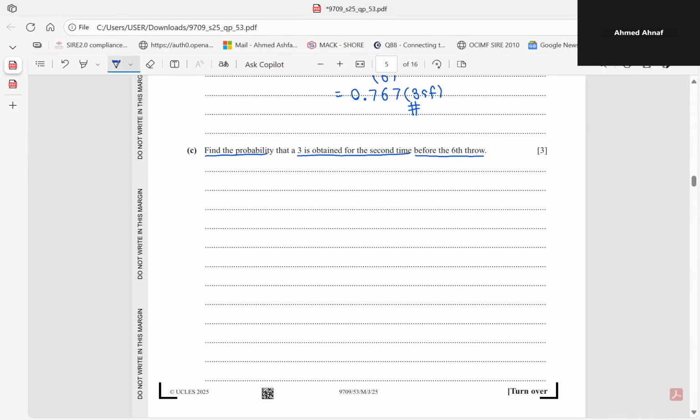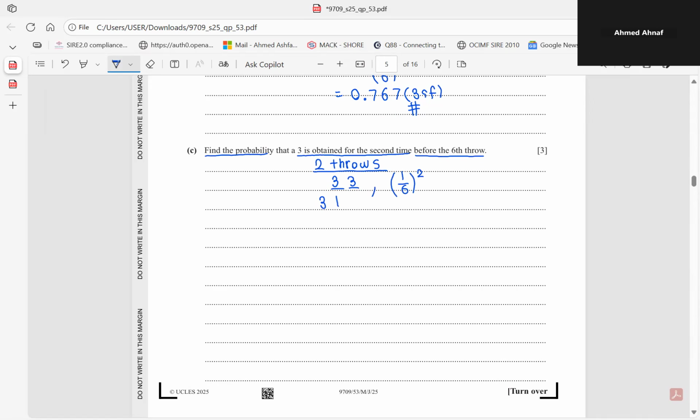So let's consider the case where you just do 2 throws first. To get 3 for the second time within 2 throws, your first throw should obtain a 3 as well as the second throw. So the probability for this is just 1/6 squared.